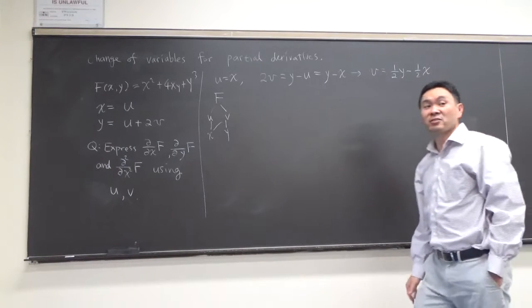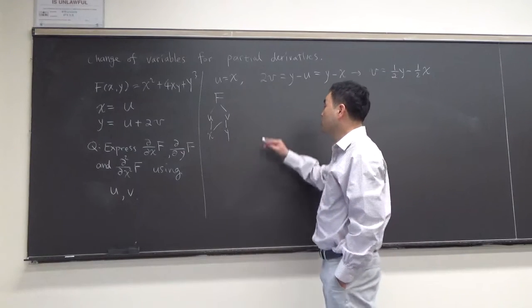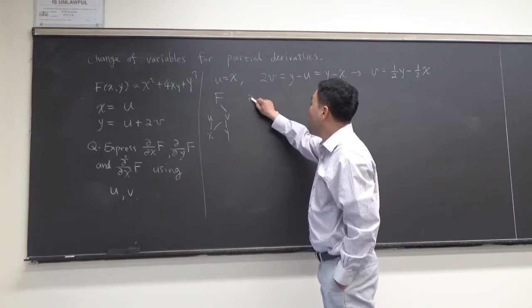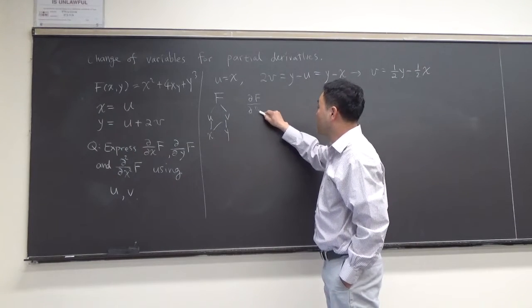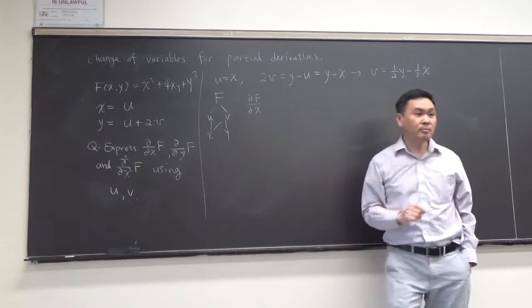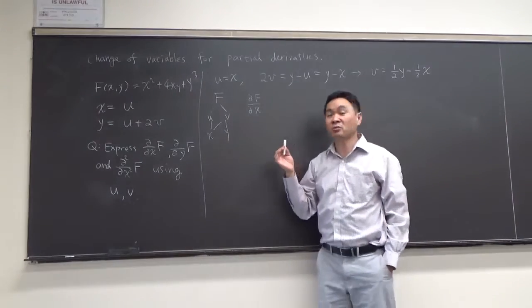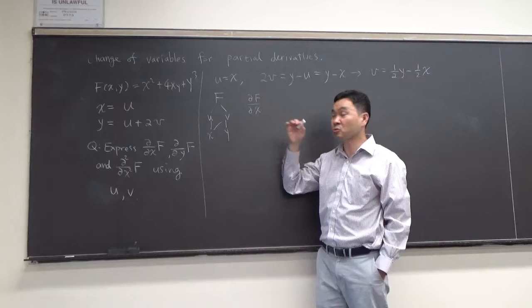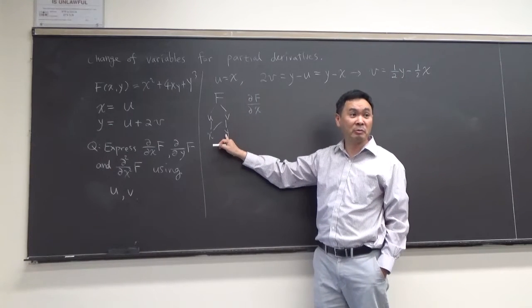And from this dependence diagram, you can write down the multivariable chain rule as follows. So if you want to know how f changes when you change the value of x, and by the way, you have to know the meaning of this partial derivative. This partial derivative means you're fixing y, right? You're keeping y as a constant.